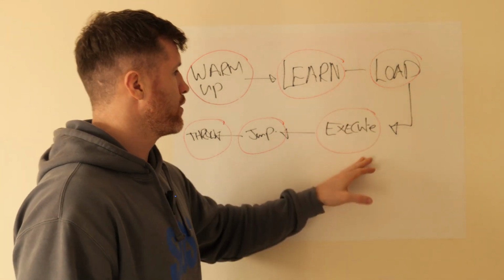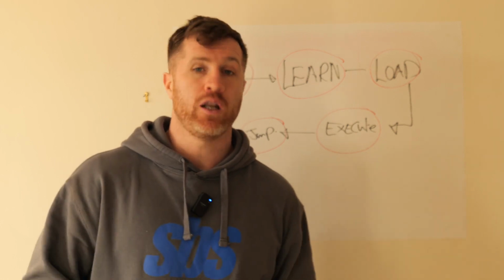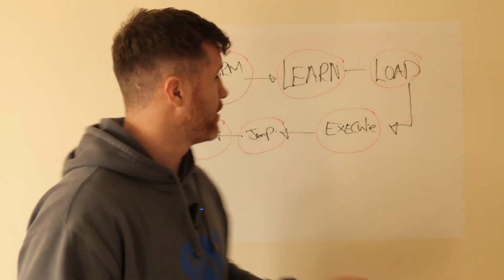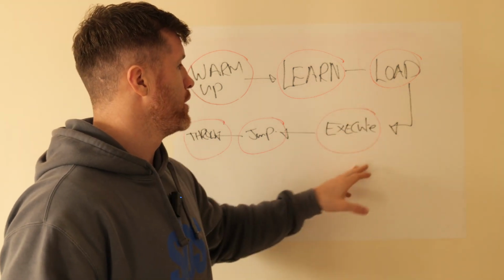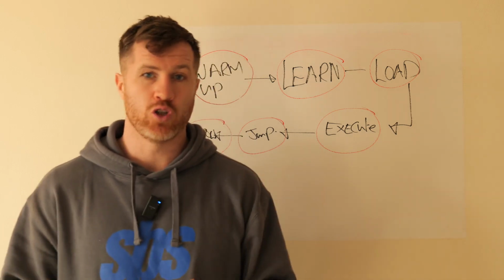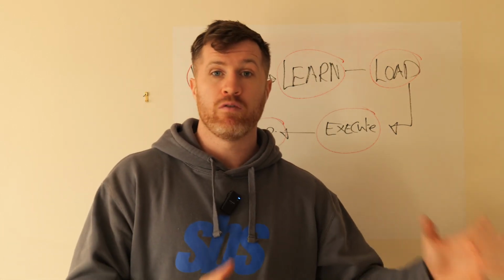Then we use my 3-step framework that will help develop any quality of athlete and any speed quality within our athletes. It's called learn, load and execute. Really simply, it takes you, the athlete or the coach, through a very simple feedback loop.